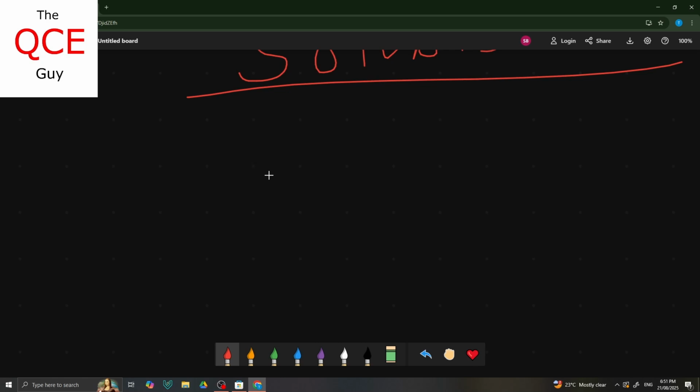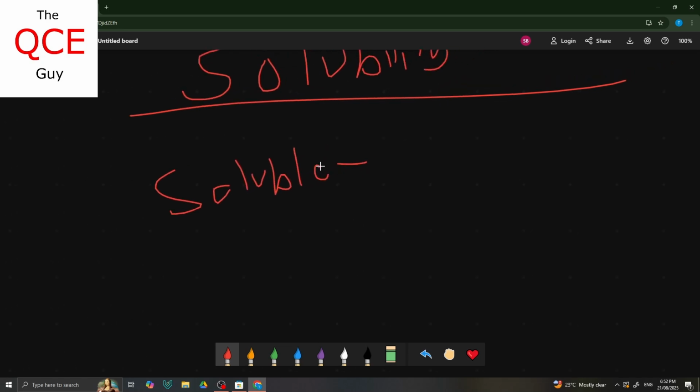So this rule that I'm about to show you is pretty easy to remember, and it's for everything that is soluble, okay? Which means that it's going to become a liquid or it's going to get absorbed into it. It's not going to form a solid. So soluble means it's going to form a liquid style thing.